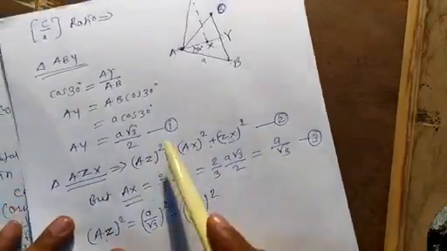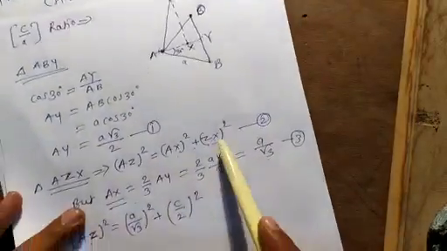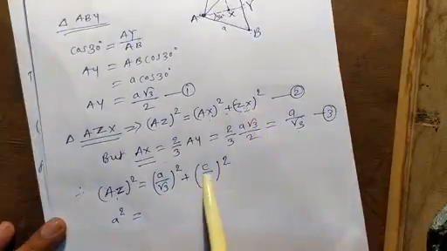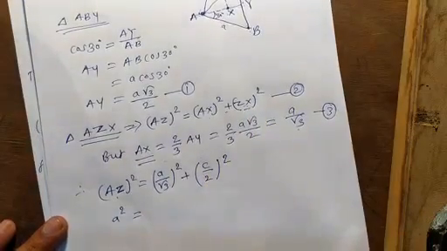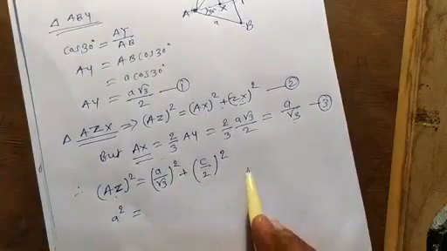We have taken the value of ZX equal to C by 2, the whole square. Now calculate this.